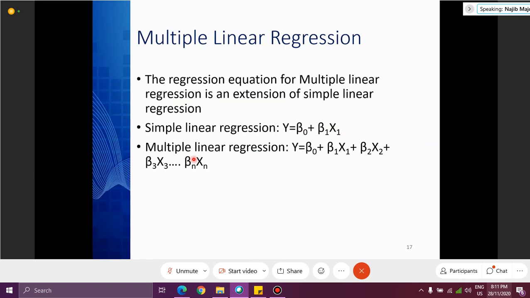Whereas in multiple linear regression analysis, the equation is the equation of simple linear regression plus the terms for other variables as well. So for example here, if we have n independent variables, beta 2 is the slope coefficient for the second independent variable, beta 3 is the slope for the third independent variable, and so on.